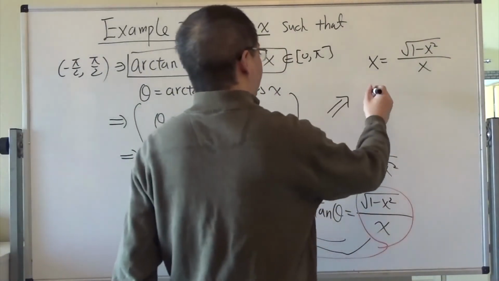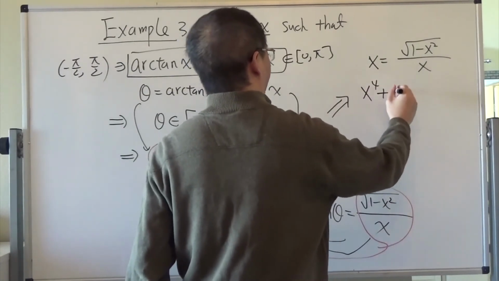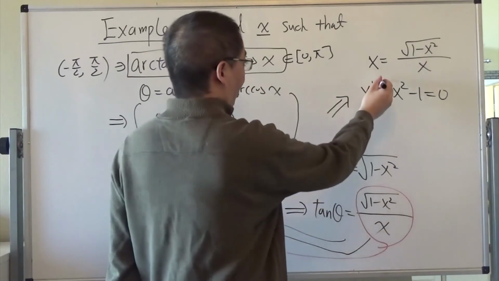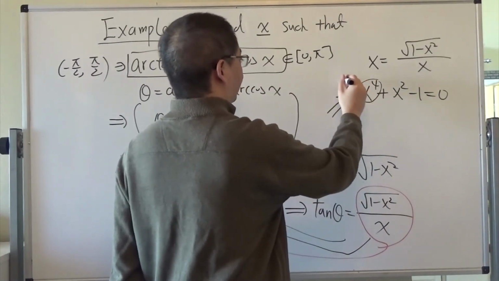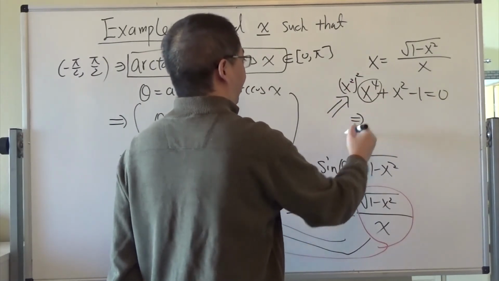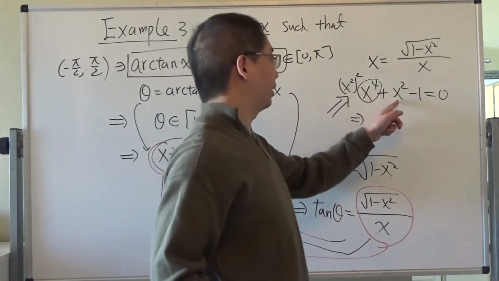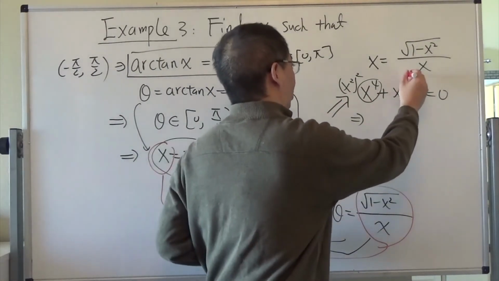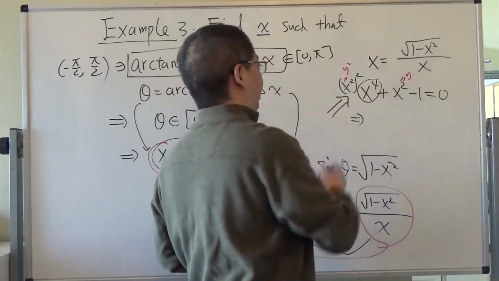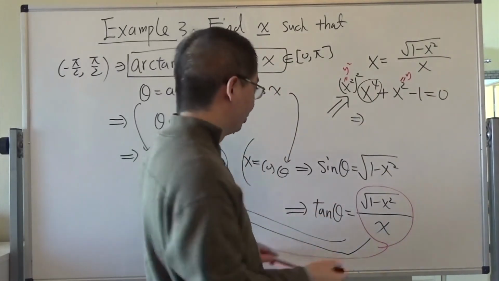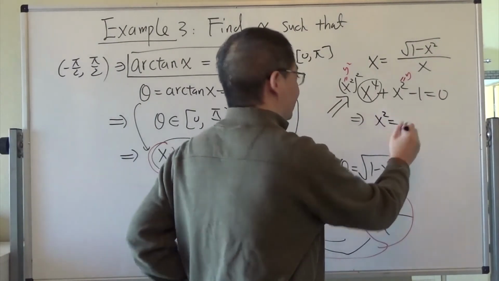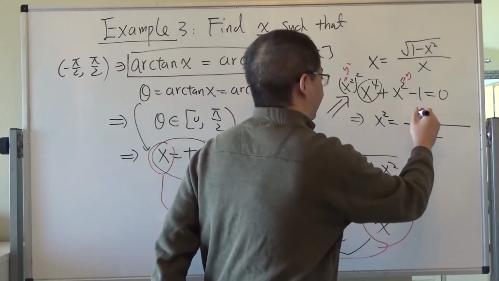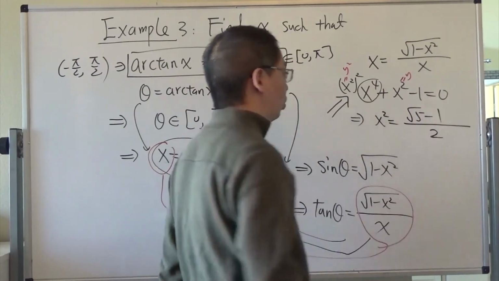I get x to the 4 plus x squared minus 1 equals 0. So x to the 4 is just x squared squared. Now if we consider x squared as one variable, y, this is y squared plus y minus 1. We can use the quadratic formula. X squared has to be non-negative, so this is the square root of 5 minus 1, over 2.